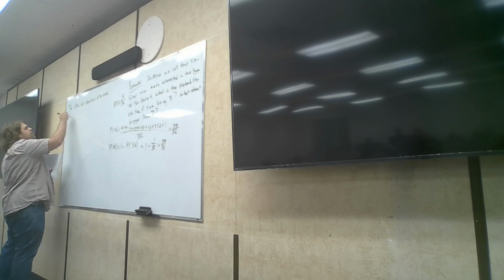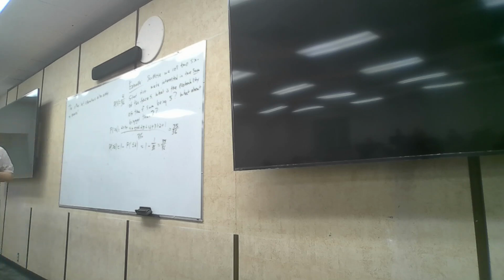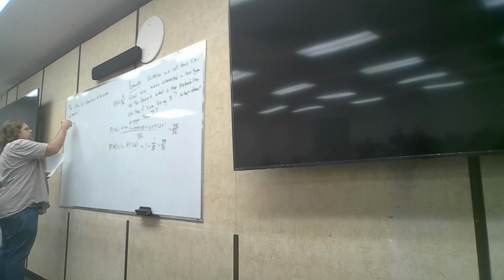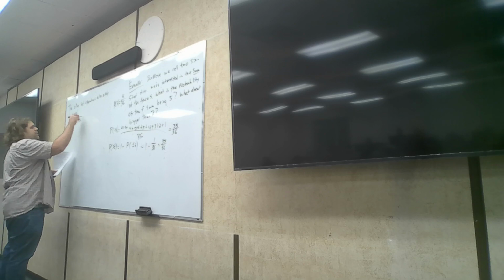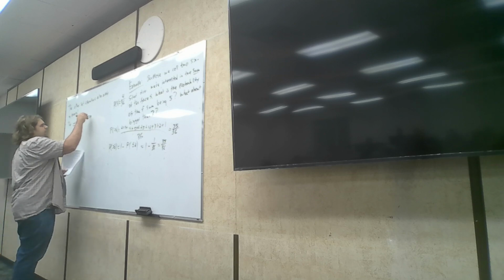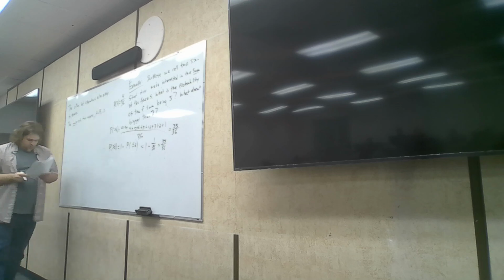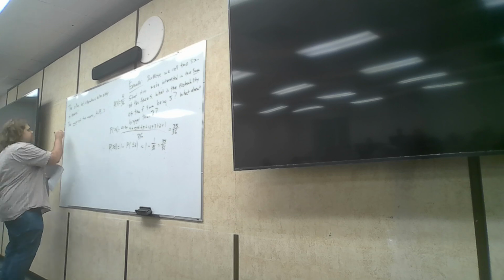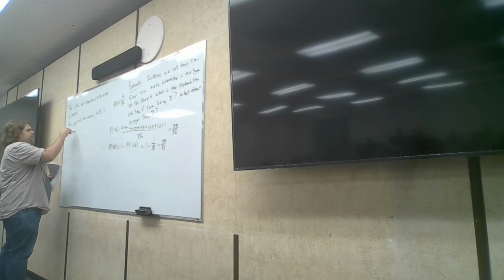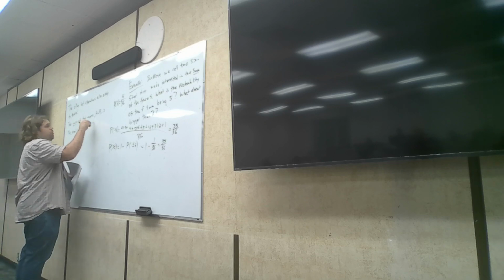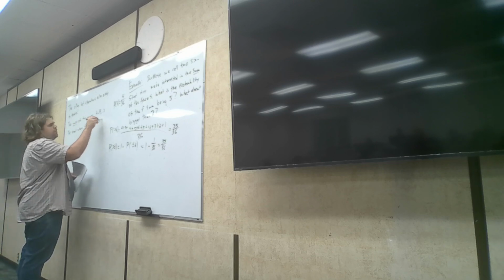To events. So the union of two events is exactly what you'd expect. This is the event where A or B, or both, occurred.